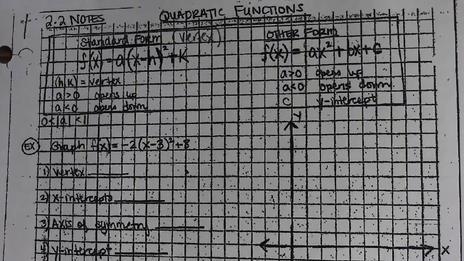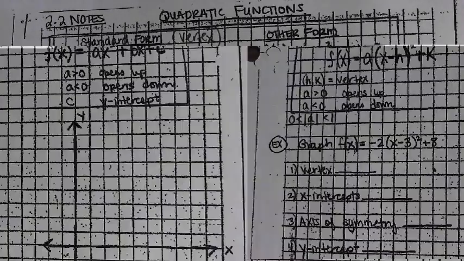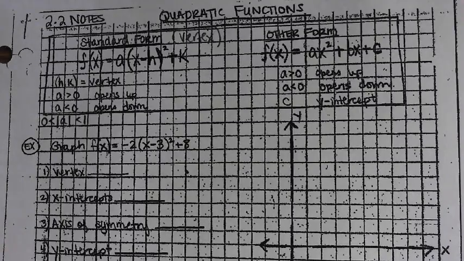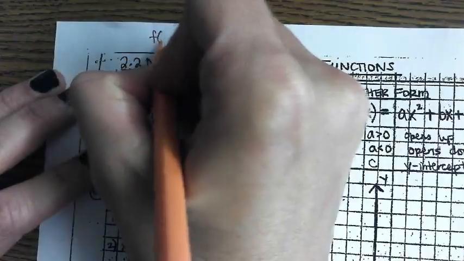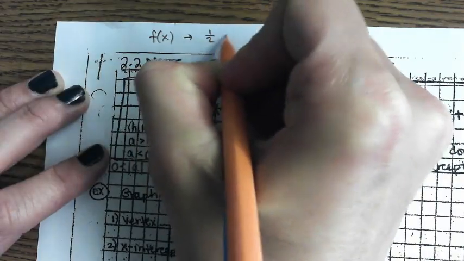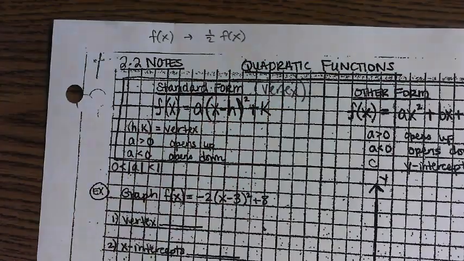So if a is going to go smaller than that, like a half of x squared, what does putting a 1/2 out in front of a function do to it? Aiden? Right. So if you have an f of x and then you have a 1/2 f of x, it more specifically vertically compresses it, yes?